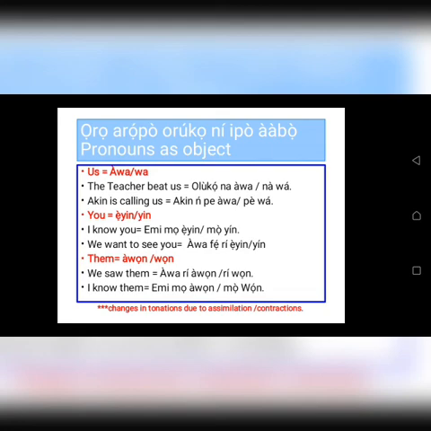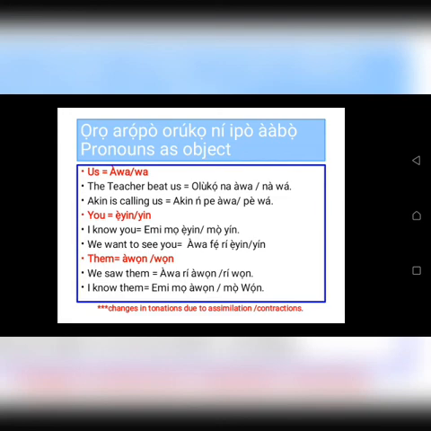Assimilation and contraction of letters occurred, and that is why we are having changes in the tonation. Olùkọ́ nà àwa has a different tone pattern from olùkọ́ nà wá. Between nà and àwa something has happened, and that results in nà wá.